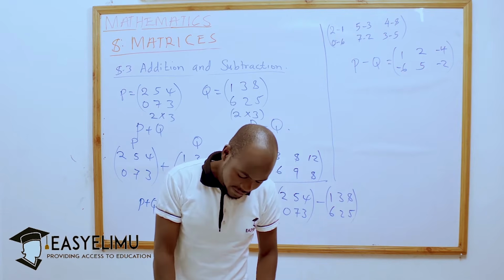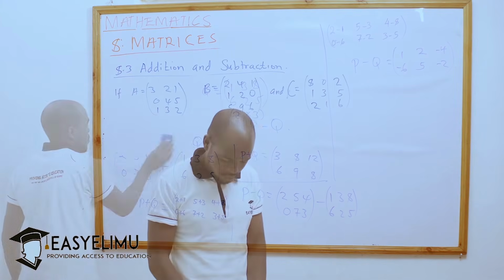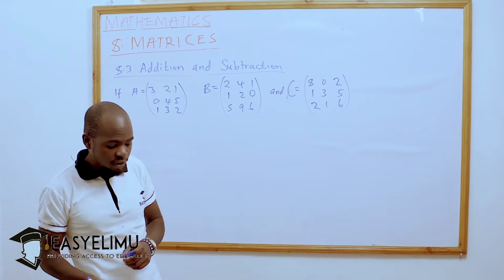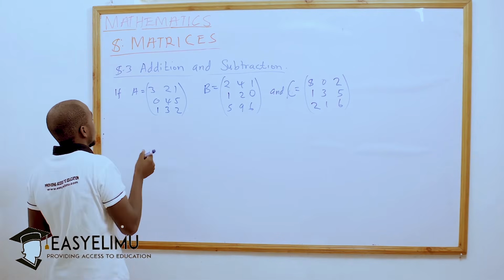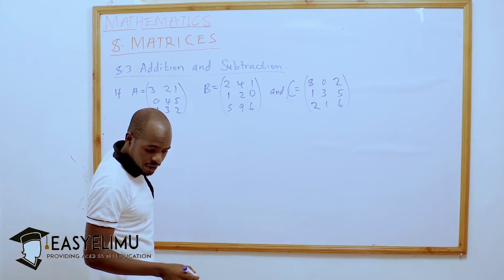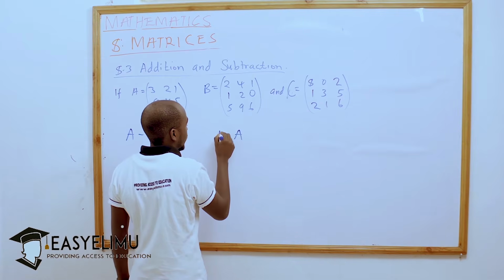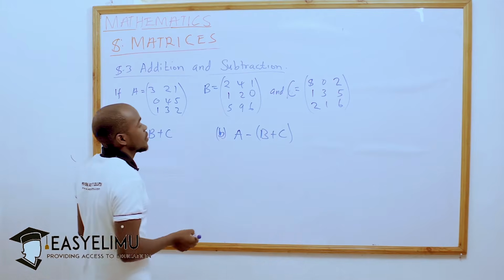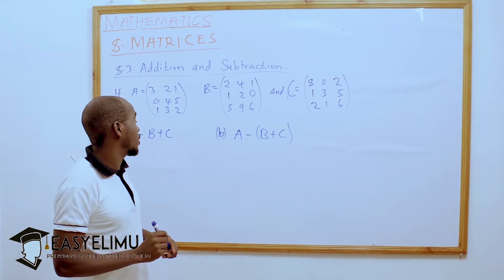Let's see another example which includes both of the signs together. Given matrices A, B and C, find A minus B plus C, and also find A minus, in brackets, B plus C. I will just guide you and you are going to find it out by yourself.